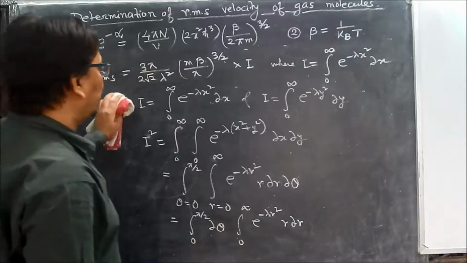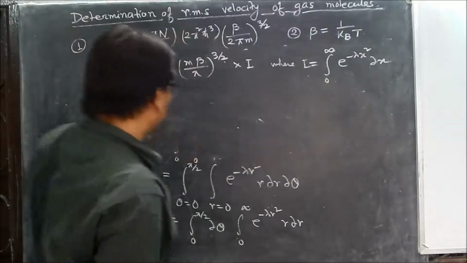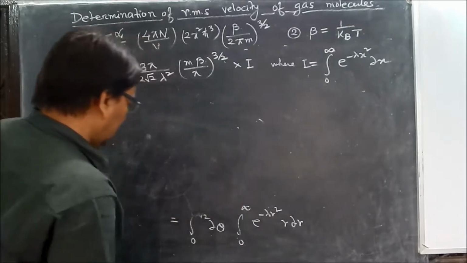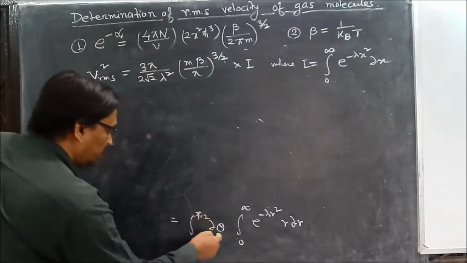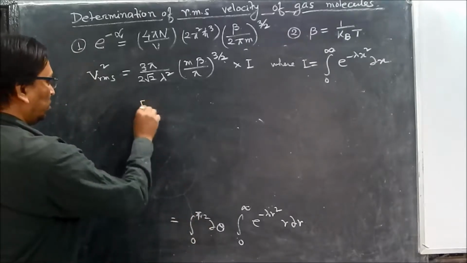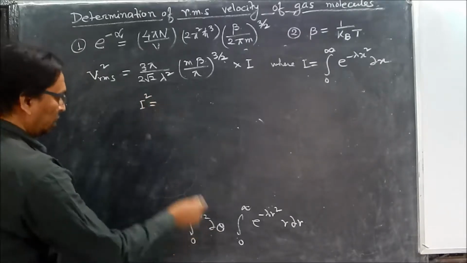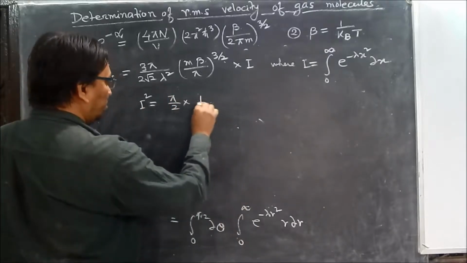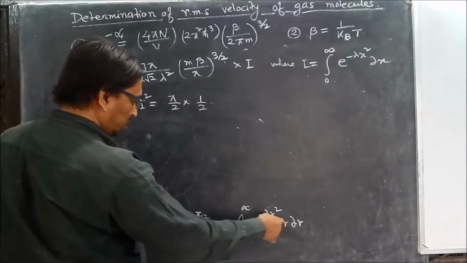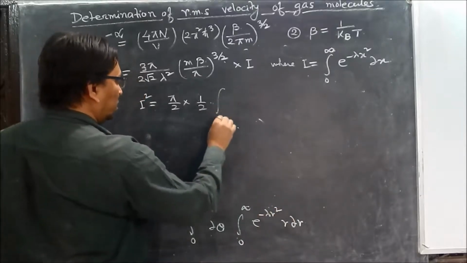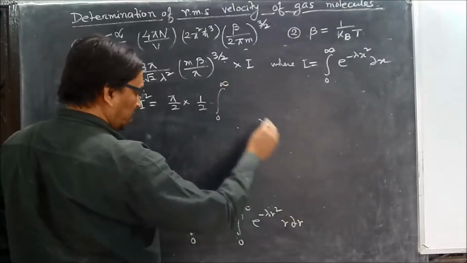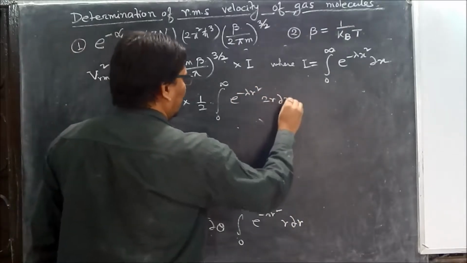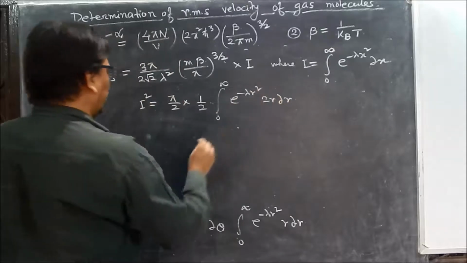Now we have nearly completed this. So this I square will result in pi by 2 into, and this result will be half, and integration of this will give 0 to infinity, so this will be 2r dr e to the power minus lambda r square and 2r dr. So this will be d of r square basically.